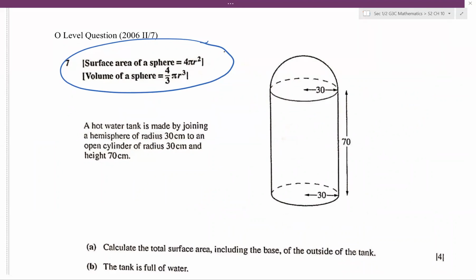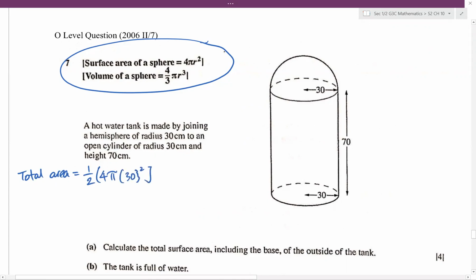So first, Jolie, calculate the total surface area, including the base of the outside of the tank. Okay, so how do we go about doing this? Did you do everything in one step? Everything in one step. Okay, Ken. So total area. Okay, how did you start off? 4 pi times 30 squared.